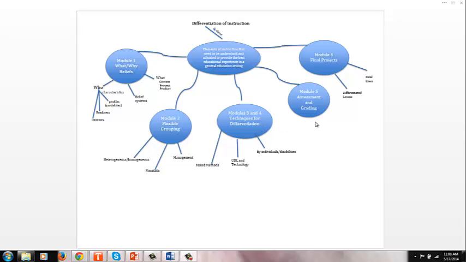And then module 5 will talk about how to assess and grade in a differentiated classroom, and also how to provide feedback so that students can master the content more effectively. We'll talk a lot about the difference between pre-assessments, which are done before a unit is started or before a lesson is started.